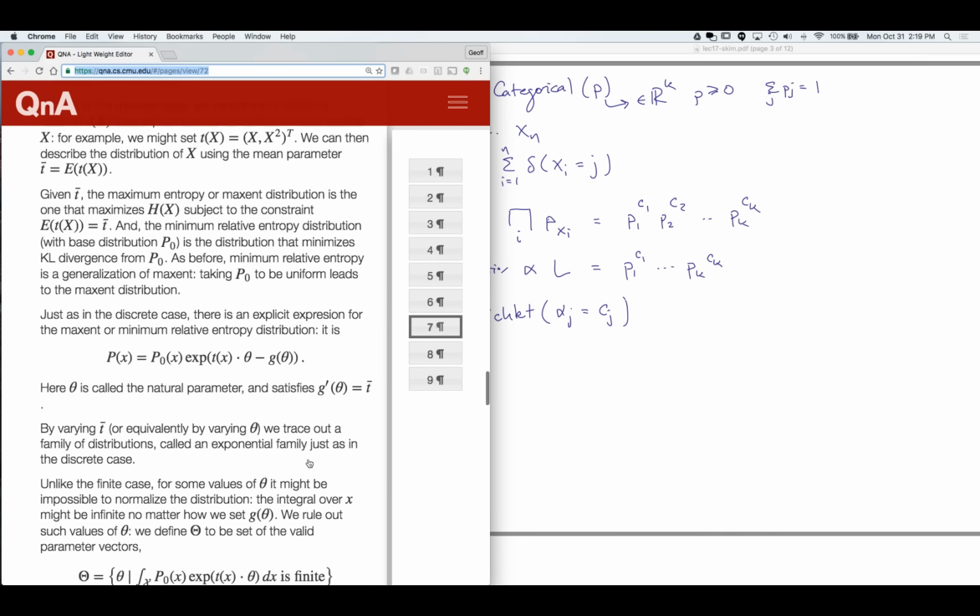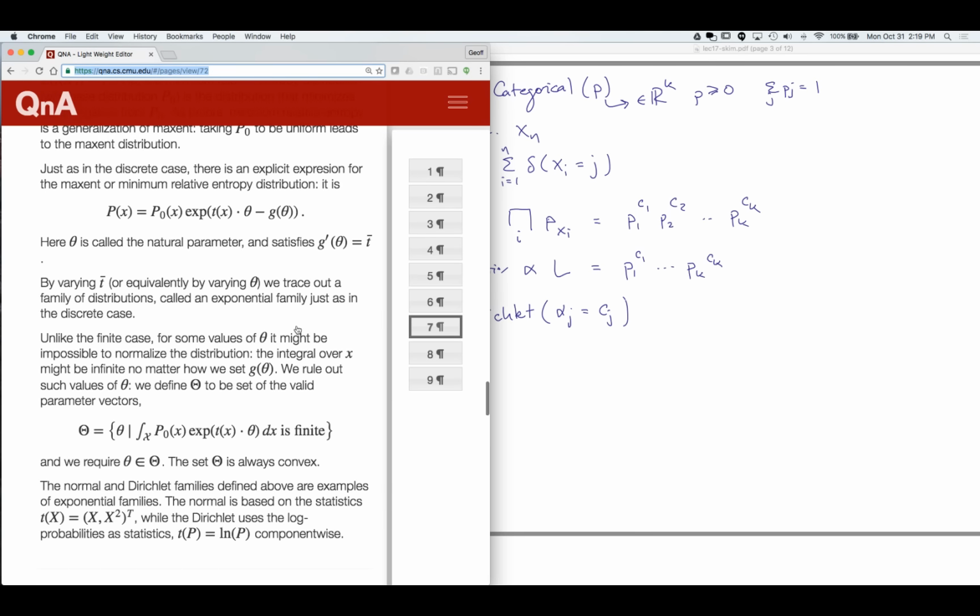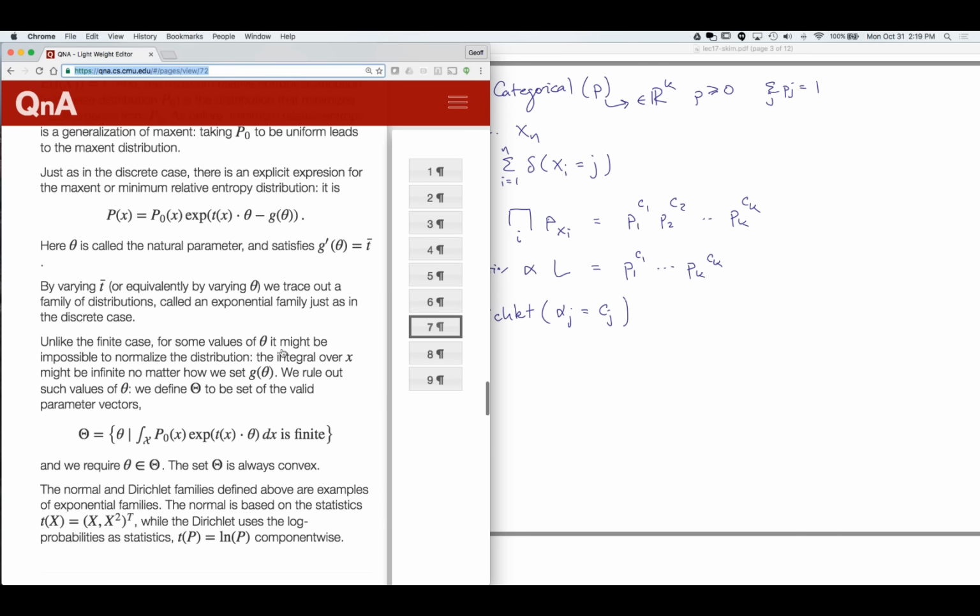Now, there is one important difference from the finite case, which is that for some values of theta, it might be impossible to normalize the distribution. For example, suppose that t of x is just x.